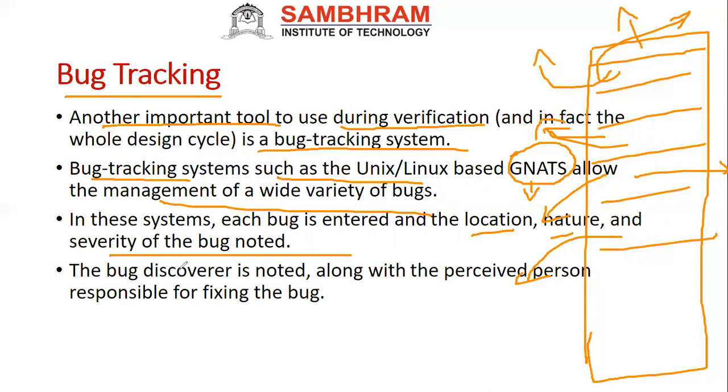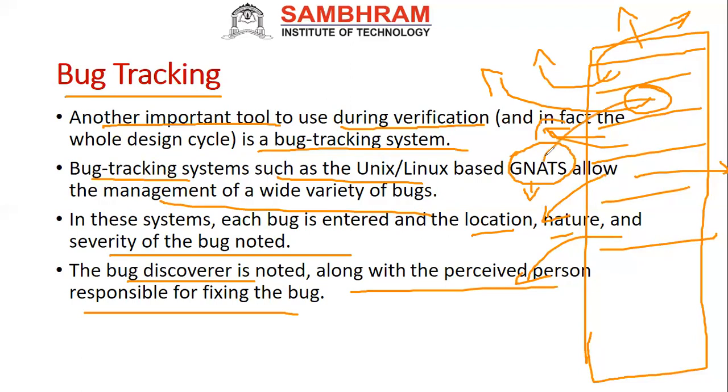The bug discovered is noted along with the perceived person responsible for fixing it. Once a bug is discovered, I note who is responsible: the owner of the bug, the person who designed the system. That person is solely responsible for fixing the bug.